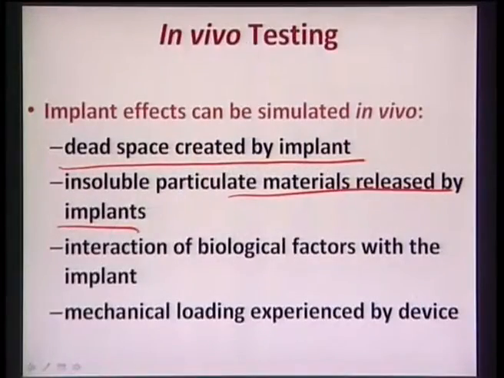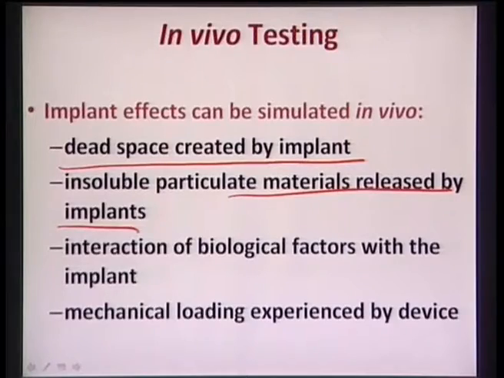That is not desirable, because then there will be a problem with the mechanical behavior of the bone. The second thing is insoluble particulate materials released by implants. These are certain particulate materials, such as finer debris particles, which can be easily dissolved in the body fluid or body plasma.